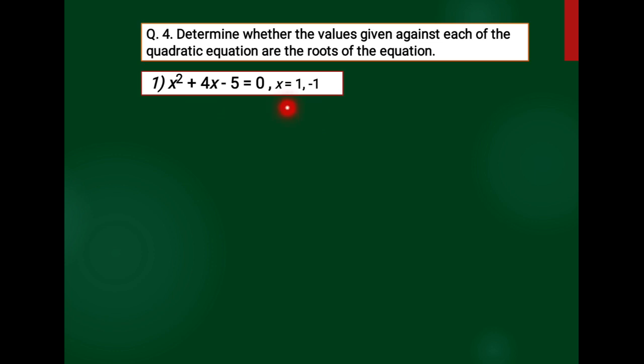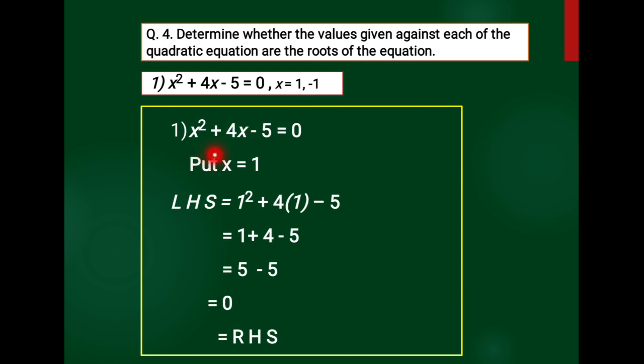So we first substitute x equals 1. x square plus 4x minus 5 equals 0 is the given equation. We put x equals 1 here first. We consider LHS and replace x by 1. So 1 square plus 4 into 1 minus 5. 1 square is 1, 4 into 1 is 4, minus 5 as it is. 1 plus 4 is 5.